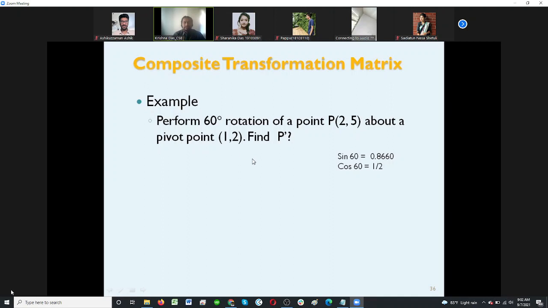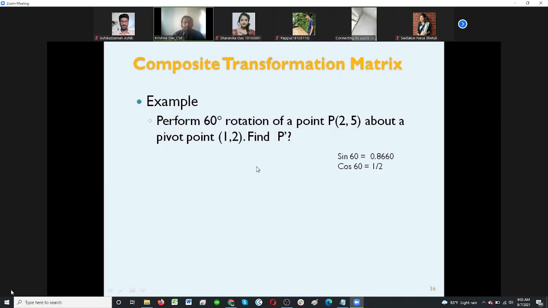Consider a 60-degree rotation of a point. The given point is 2, 5, and the pivot point is 1, 2. Now find P prime.